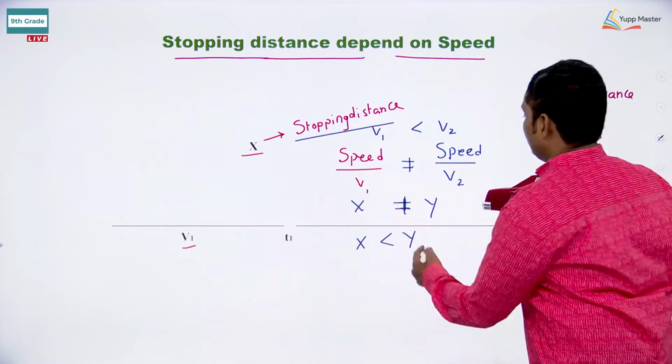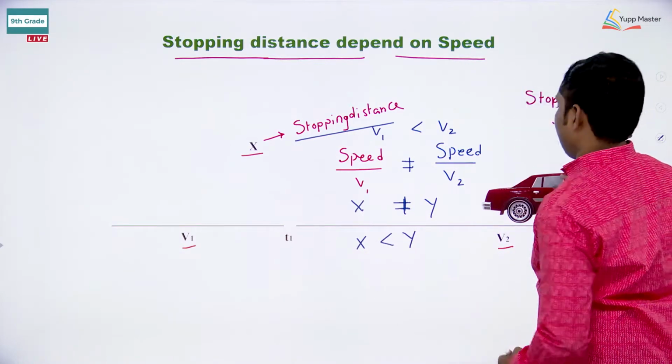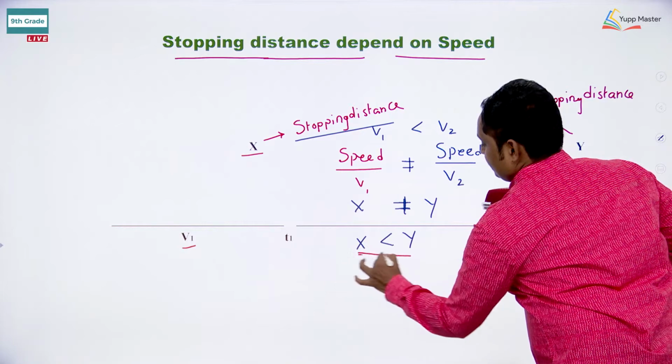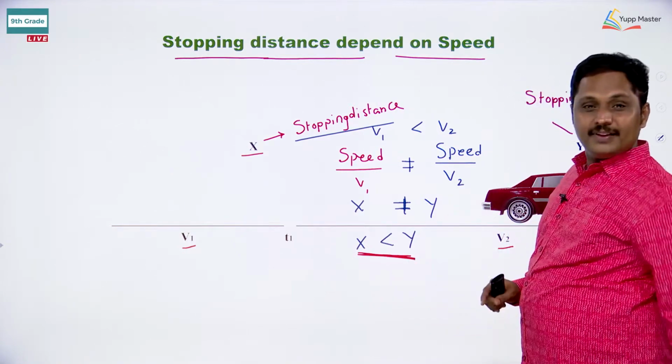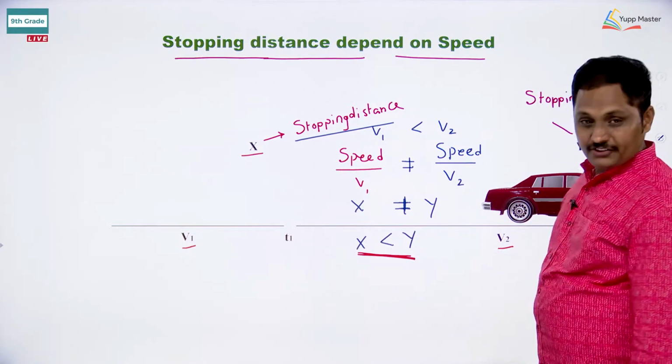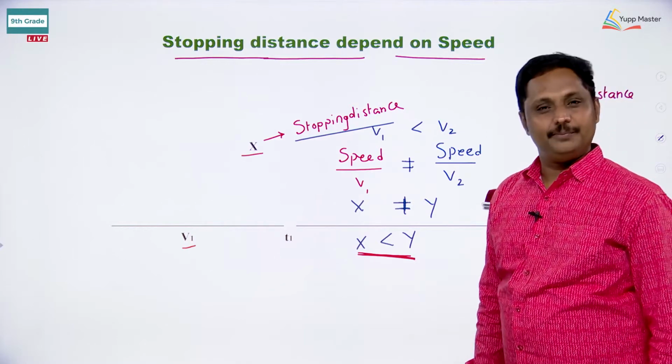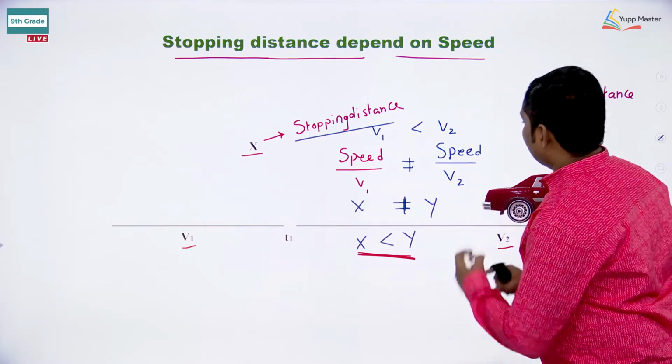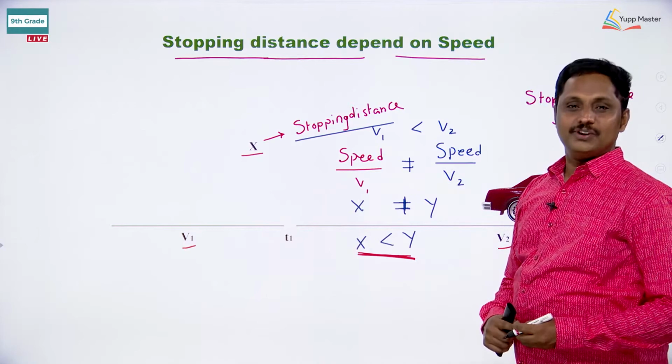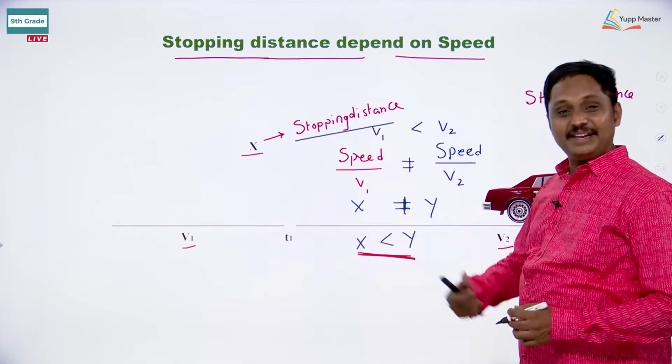Stopping distance varies with the speed. According to this situation, we can understand very easily.